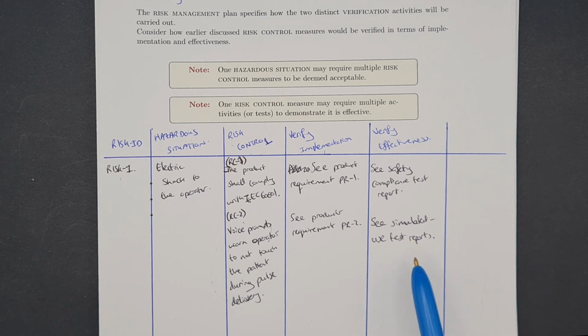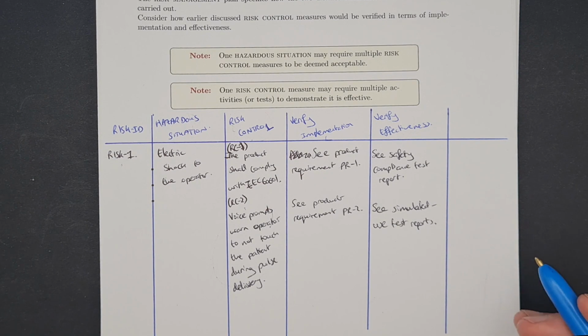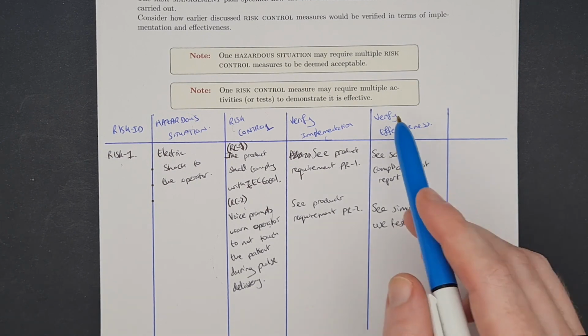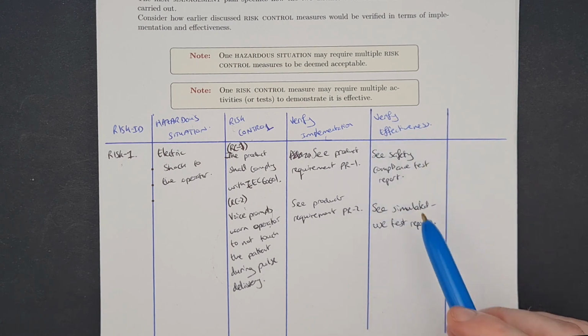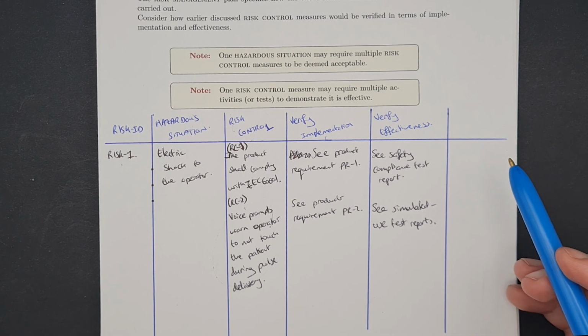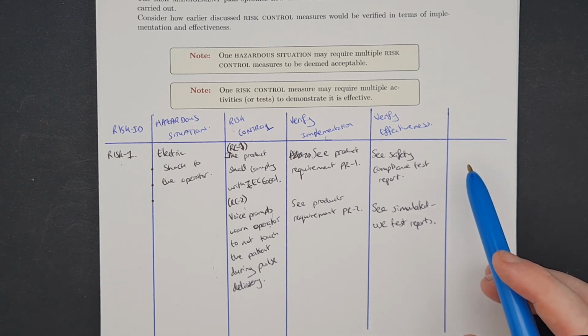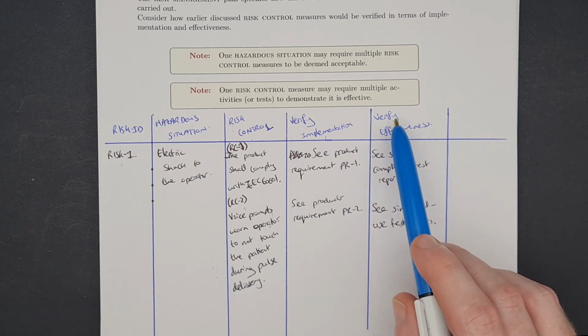It can also be your unit code testing in software, your integration code testing, and your product system level testing as well. Those different test verification reports can also be the verification it was effective, or it can often be some other form of analysis. There's always edge cases where testing is not practicable itself, and so you come up with some other form of evidence to try and prove your risk control measure was effective.